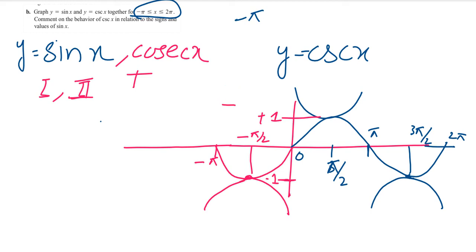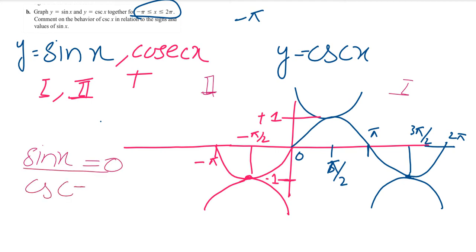Second and the first quadrant, because you know that the values will be positive. And we know the second relation that we will discuss over here: when sine x is equal to 0, obviously the cosecant x will be undefined.